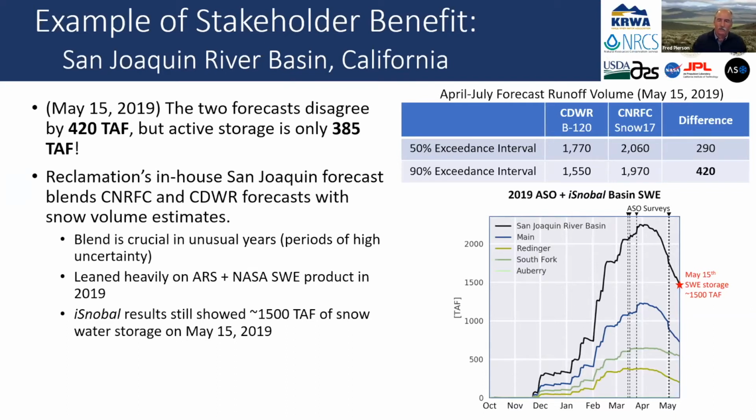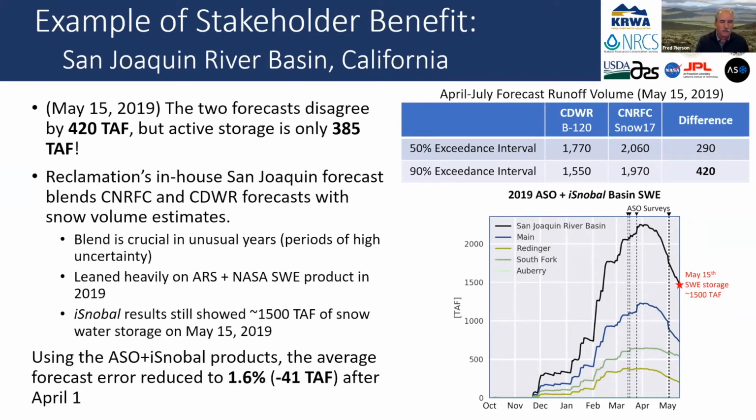When they applied the ASO iSnobal products, by the end of that year they ended up knowing about that water and managing it to where they only had a 1.6% error from what they predicted would come out and what they actually got out. A tremendous improvement in their ability to know what was coming and how to manage that water.